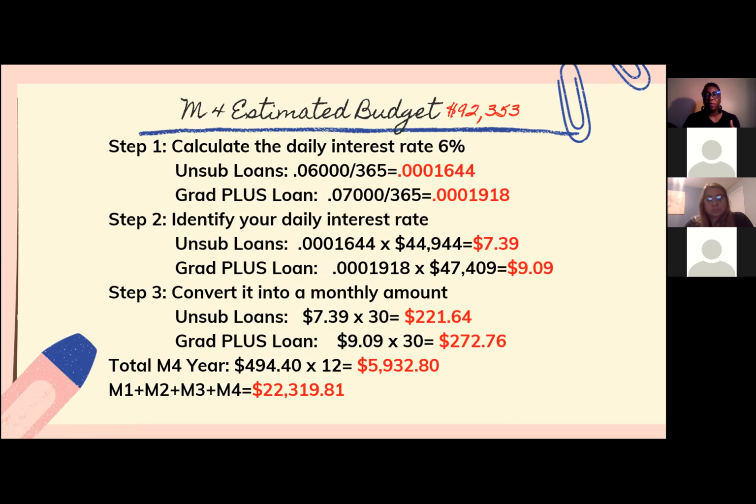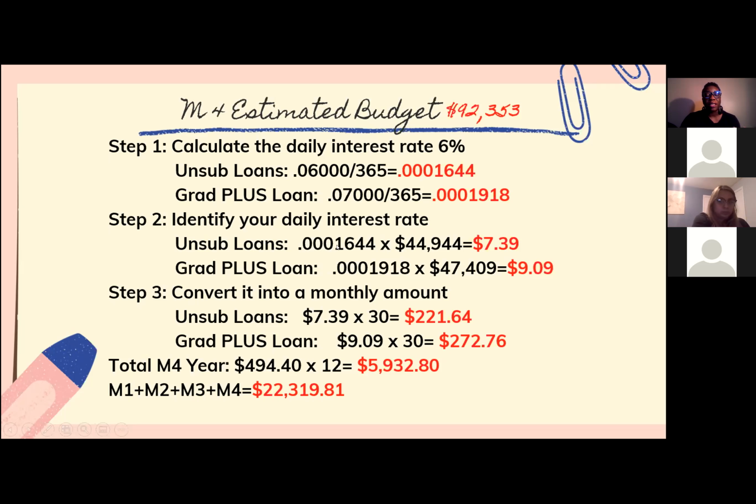So to keep everything simple, I just went through and did the full amount that students would be eligible for in an M4 year, and took that away from the full cost of attendance, which gave us the difference of the Grad Plus loan. So I broke that amount down for each year. And then at the bottom, I added those years together, which gives us a total of 22,319.